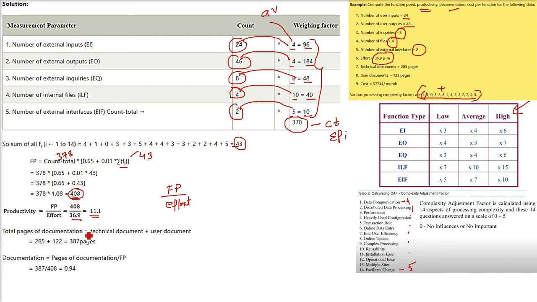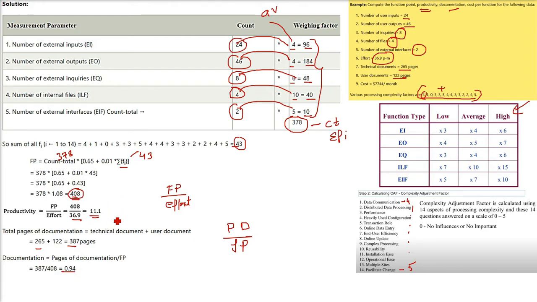For that we have to add the technical document and the user document, so 265 plus 122 pages. The documentation is the number of pages divided by the function points. So divide 387 by 408. This is going to be 0.94. So this is 0.94 for documentation.